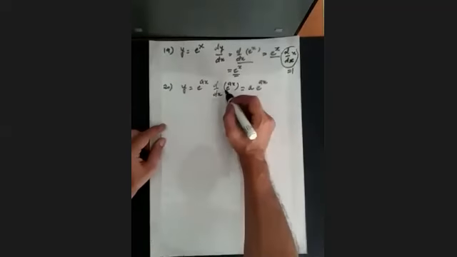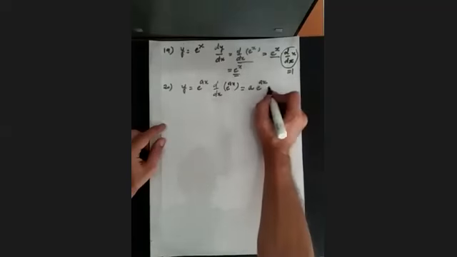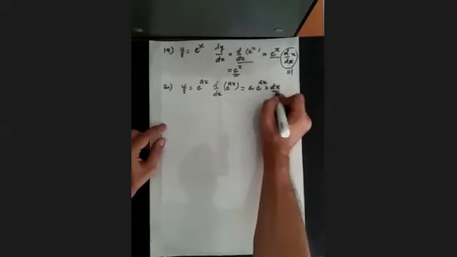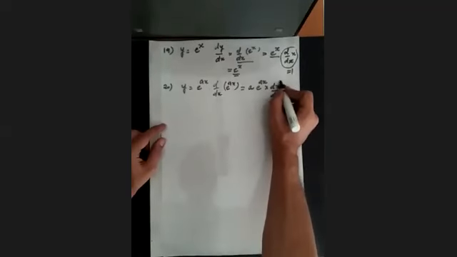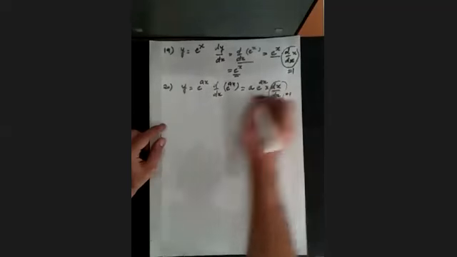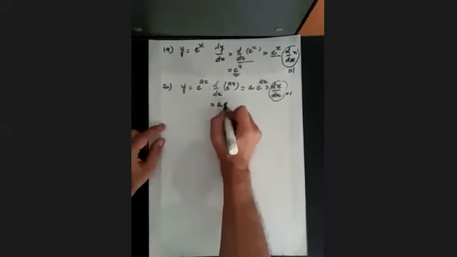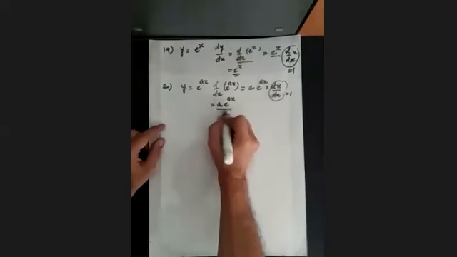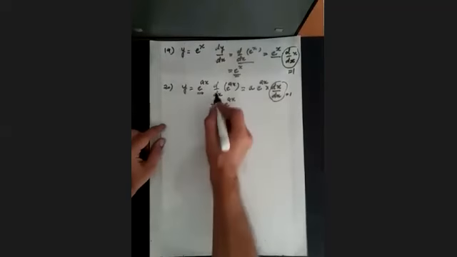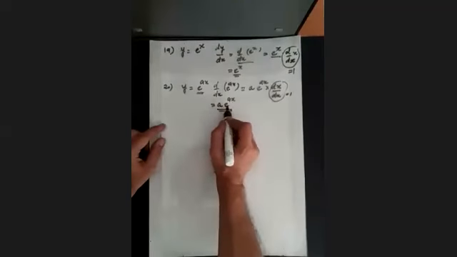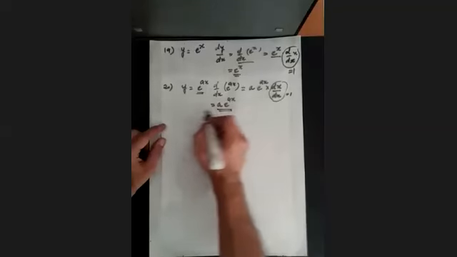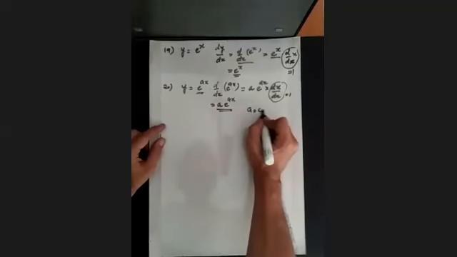That constant will come as a product of e to the power ax, and of course there is d/dx of x, and its value we already know is equal to 1, so it is equal to a e to the power ax. So differentiation of e to the power ax is a e to the power ax, where a is a constant.